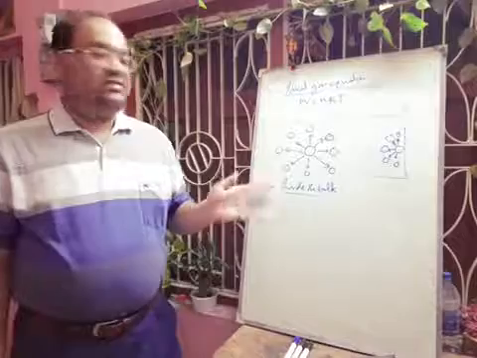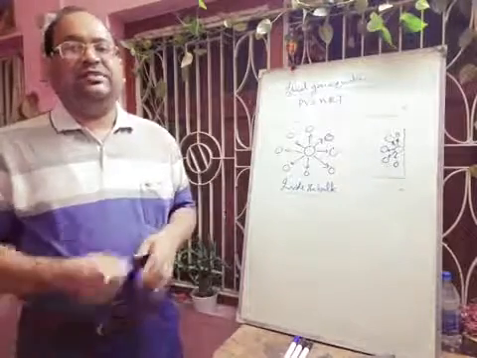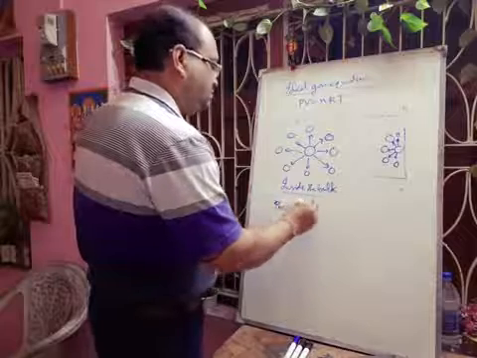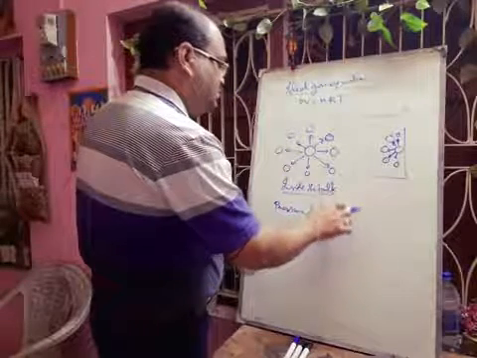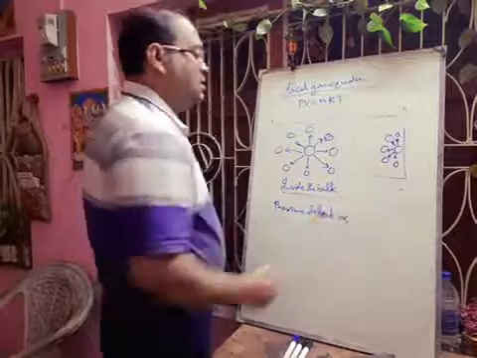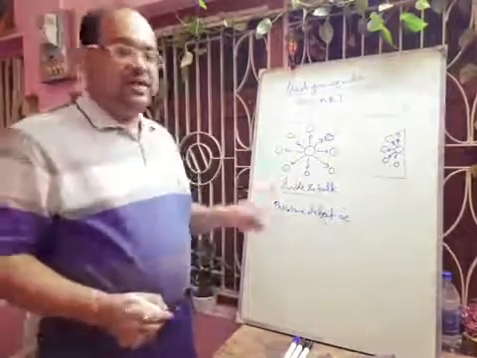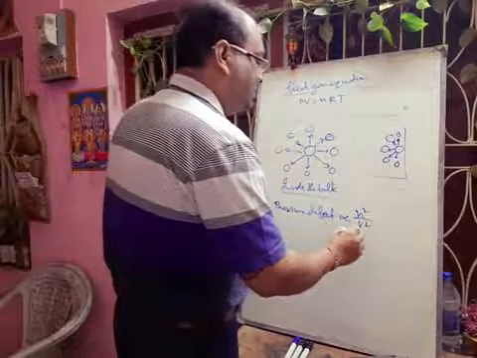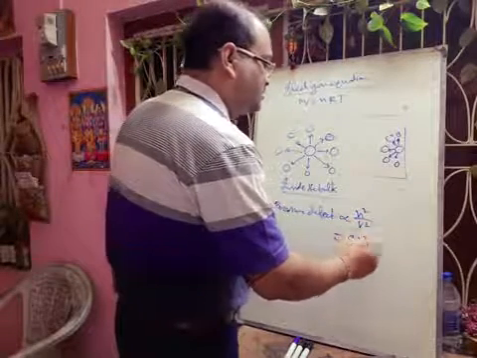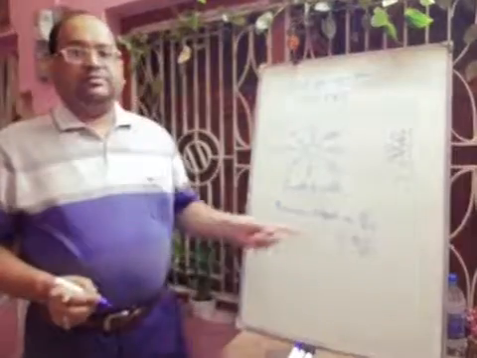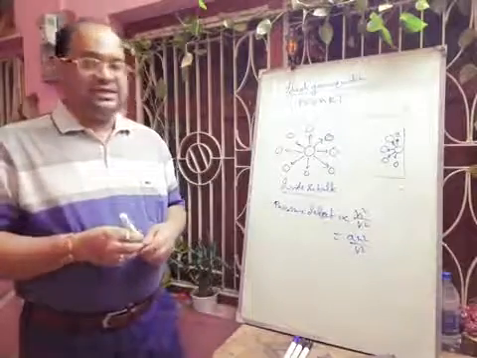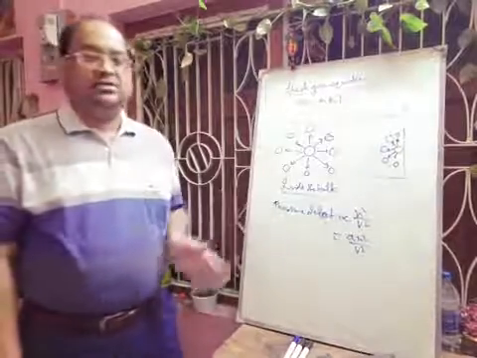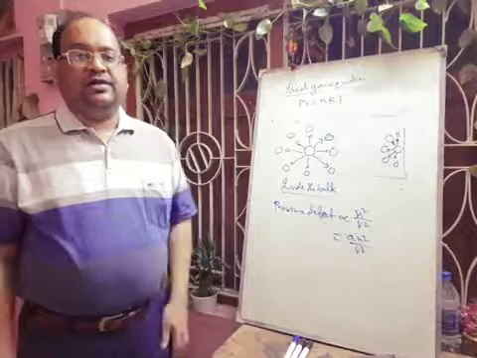Here if we calculate, the pressure defect will be proportional to n square by V square, that will be equal to some constant a n square by V square. This constant is called the pressure correction constant. So the modified pressure in case of real gas will be P plus a n square by V square.